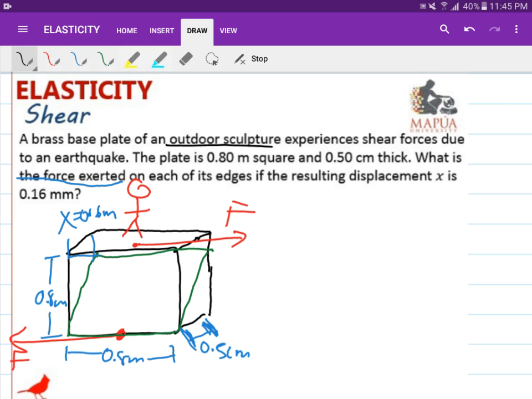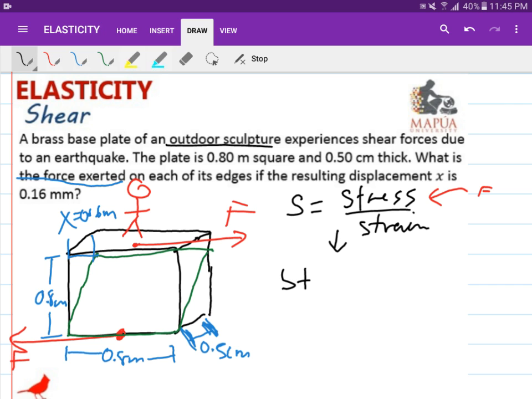So let's write our equation. S is stress over strain. And we know we can find the force inside this stress. So let's rewrite this equation. We solve for stress first.